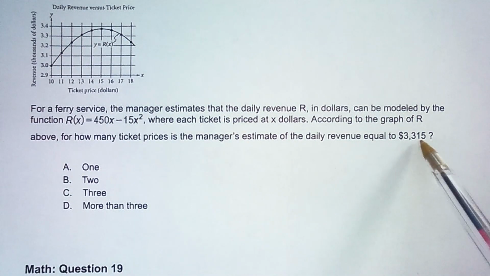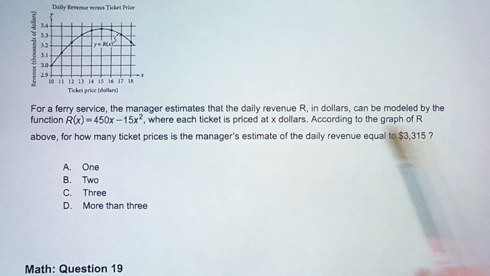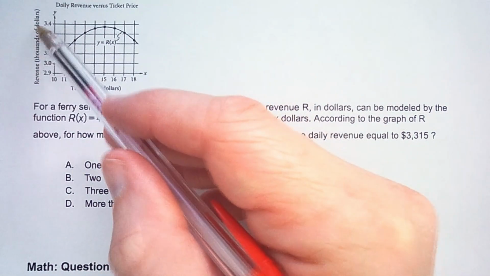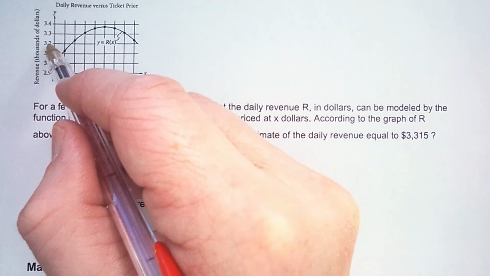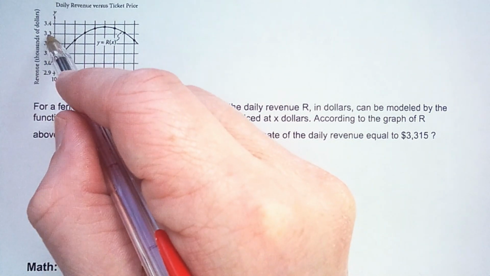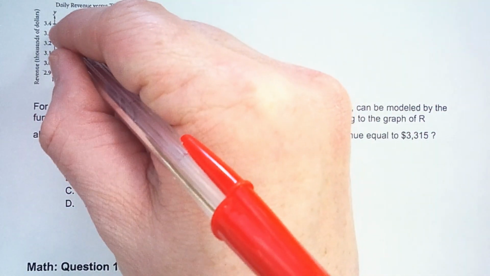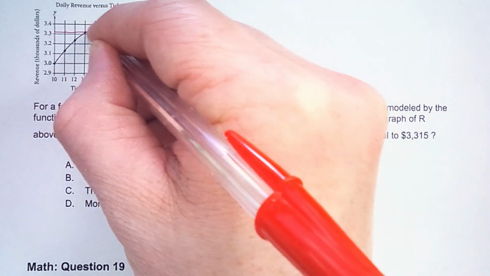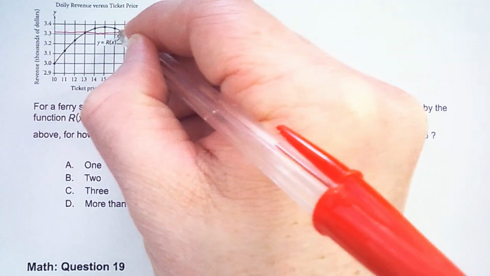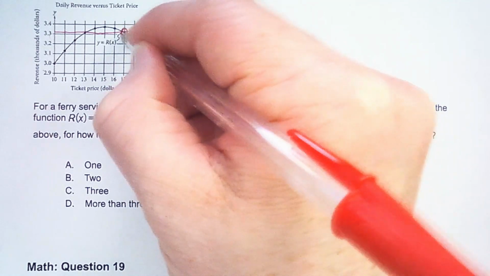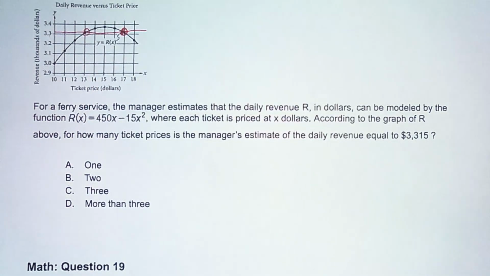I can go here and see a revenue of $3,315. So here's the revenue in thousands, 3,315. Here's 3.3 thousand, so that's $3,300. So we're talking about a revenue just a little bit over that. And it looks like right there and there we intercept our arc.